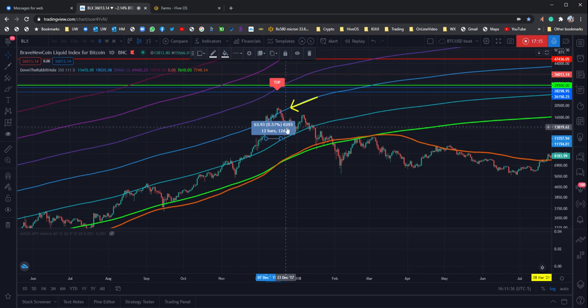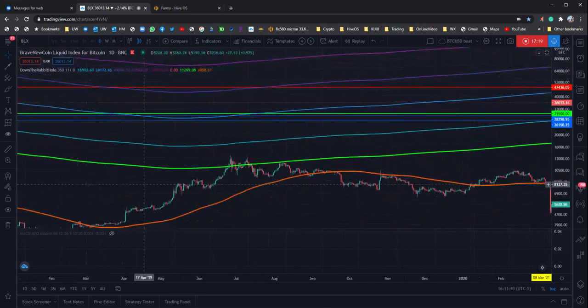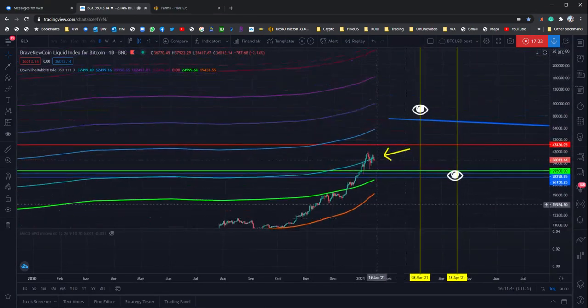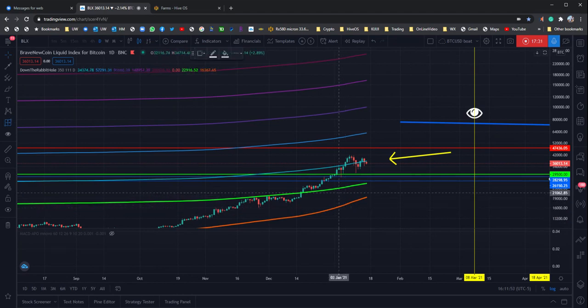And where are we right now? Let me bring that back over here. Technically, we could say that we wicked right here, and we're waiting to see if we close at 13 bars.